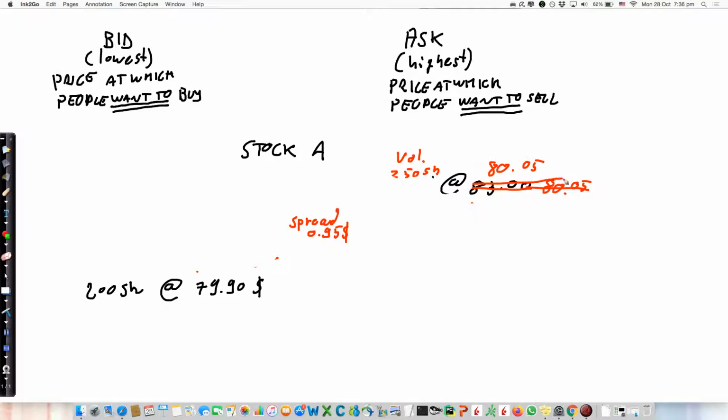Okay. Now the spread is what? The spread is the difference between bid and ask. So the bid is now 79.90, ask is 80.05, right? So the spread is $0.15.